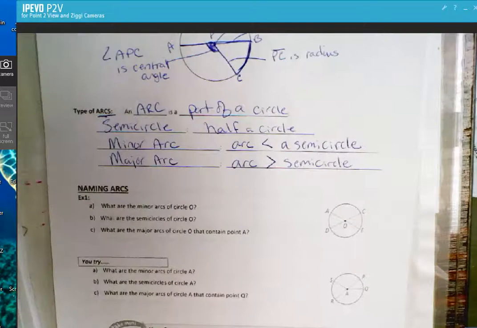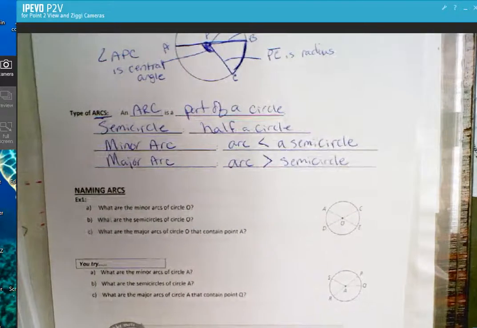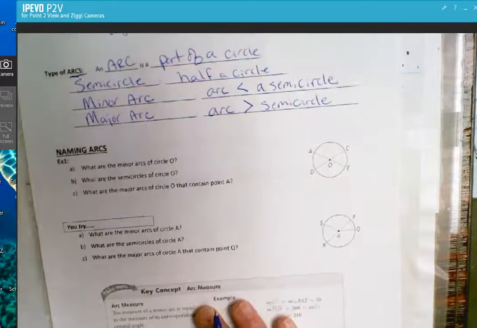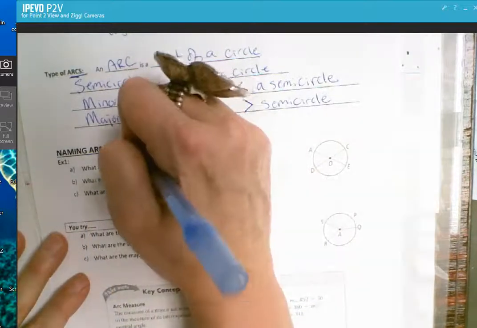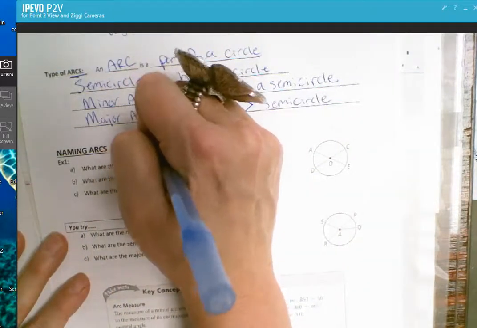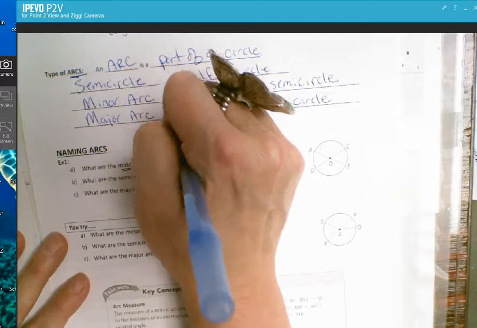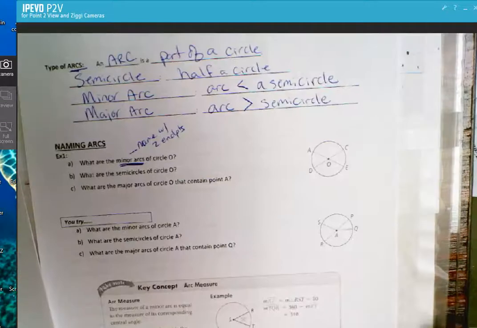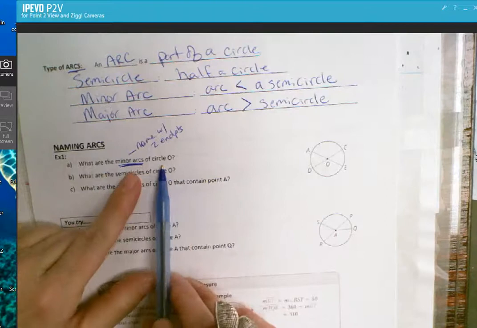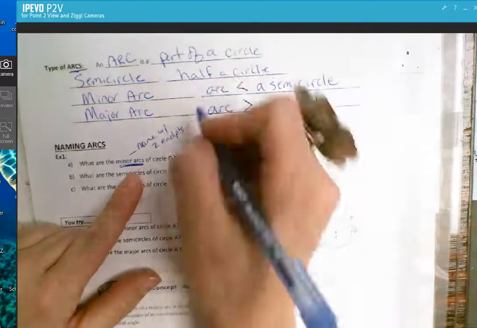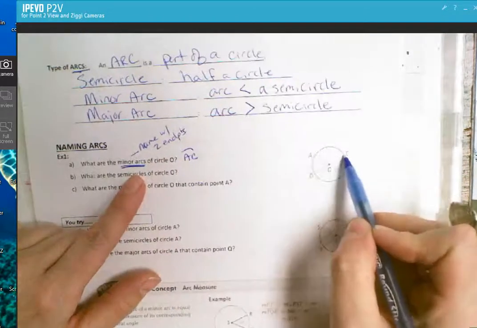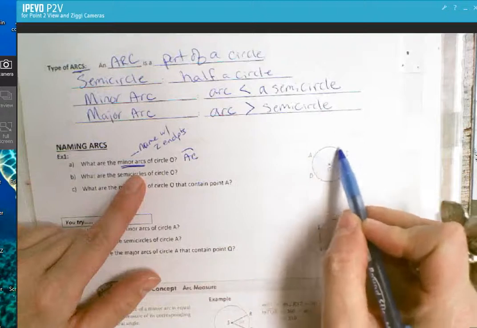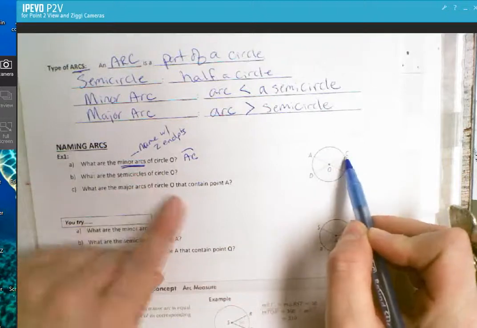And we can tell which arcs are being referenced by how they're named. So we need to know how they're named. So minor arcs are named with two endpoints. So you're going to pick an arc that is less than a semicircle, and I'm going to use the two endpoints that make that arc. So I can have lots of different arcs. Arc AC. If I look at this piece of the circle right here, AC is less than half of it, and I name it with its endpoints.